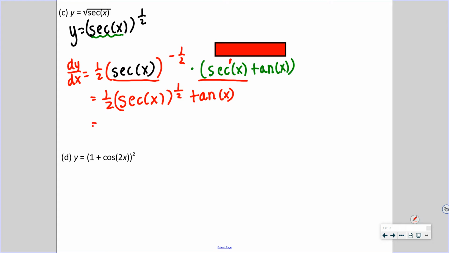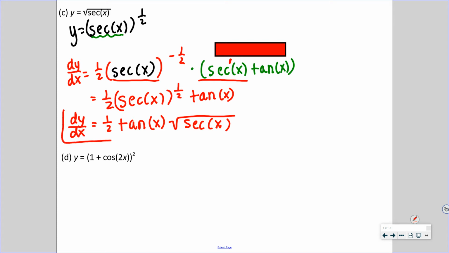Then I'd probably rewrite this as a radical, the square root of secant of x. Probably bring the tangent in front. Usually we write radical terms last. And then we just have that 1/2 left out in front. Everything's being multiplied together.